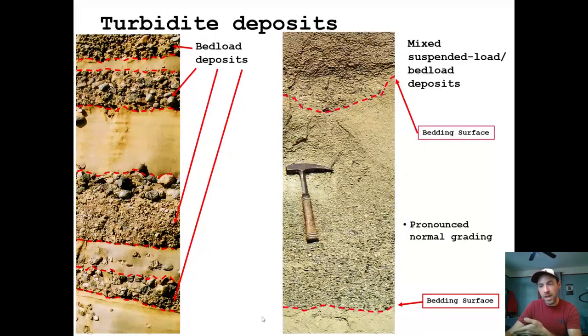And you get a scoured base. Then you get coarse material deposited on top of that scoured base, and that might grade upwards, right? In this particular instance, from coarse sediment up to fine sediment, right? And then that process may repeat itself over again here, right?